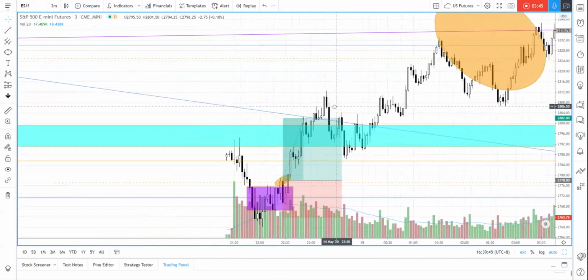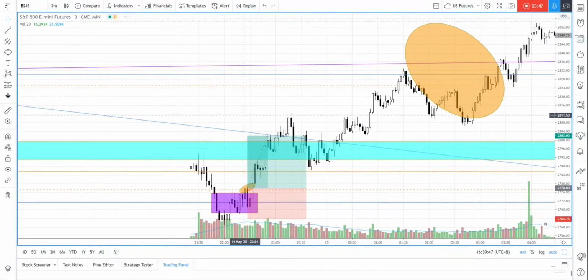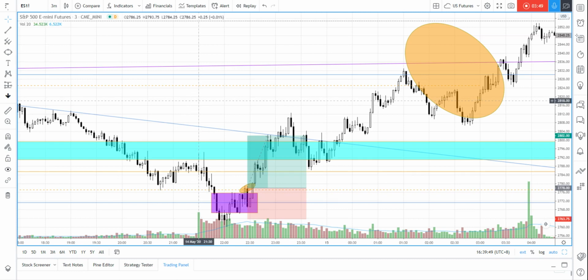You can see that at the opening at 9:30 here, this is the level that I marked, 2790 to 2800. At the opening, the M3 candle tested and got rejected, and at 9:36 it tested again but got rejected as well.